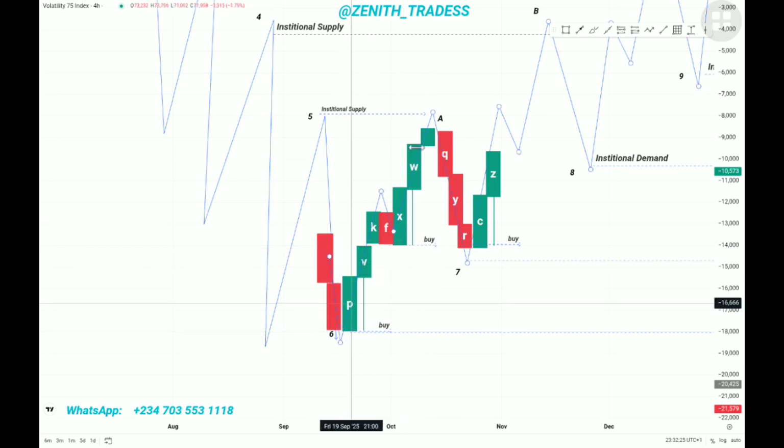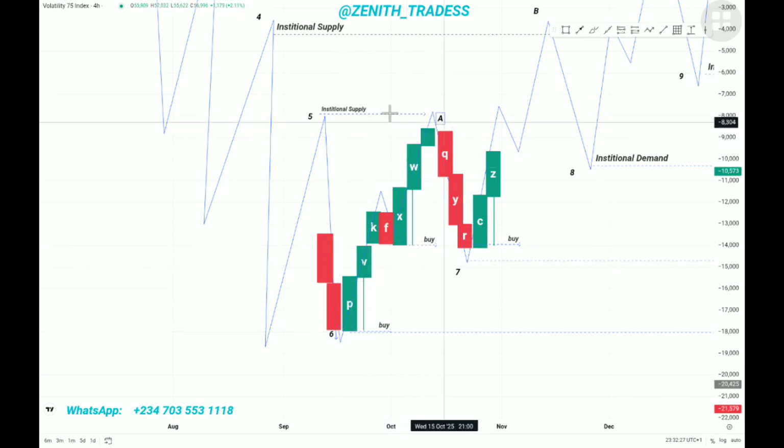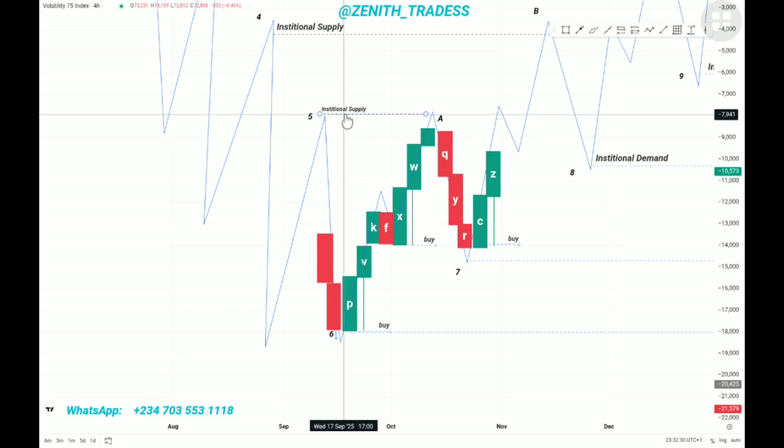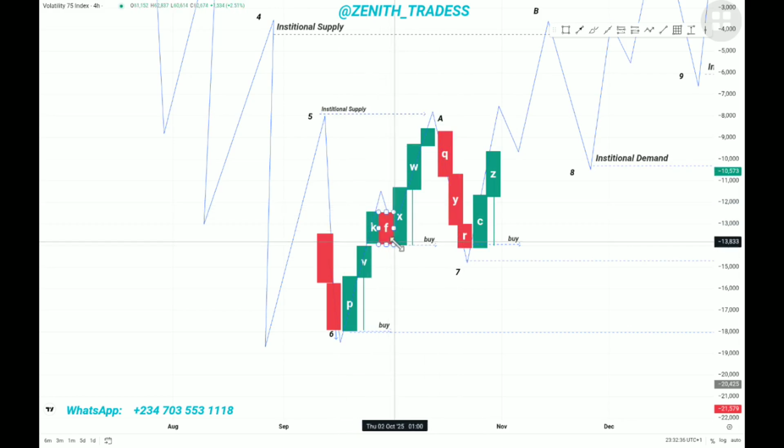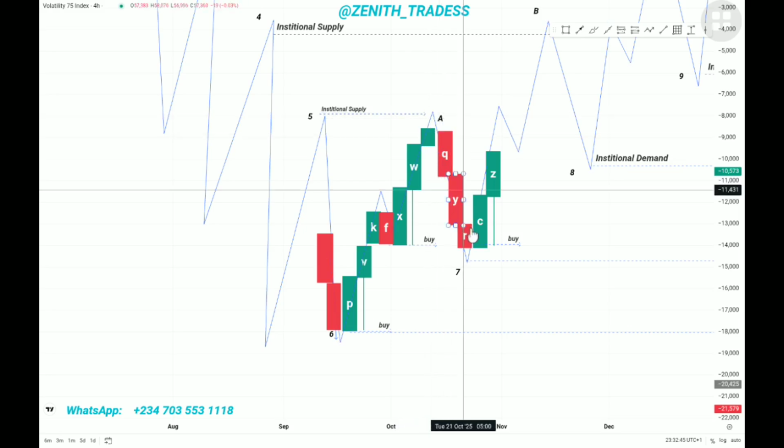Now this is an impulsive move. The objective is to mitigate this supply zone, and once it mitigates, then the corrective move will start. Minor reaction, major reaction. Minor reaction is from a minor high, major reaction from a major high. The corrective move has started.